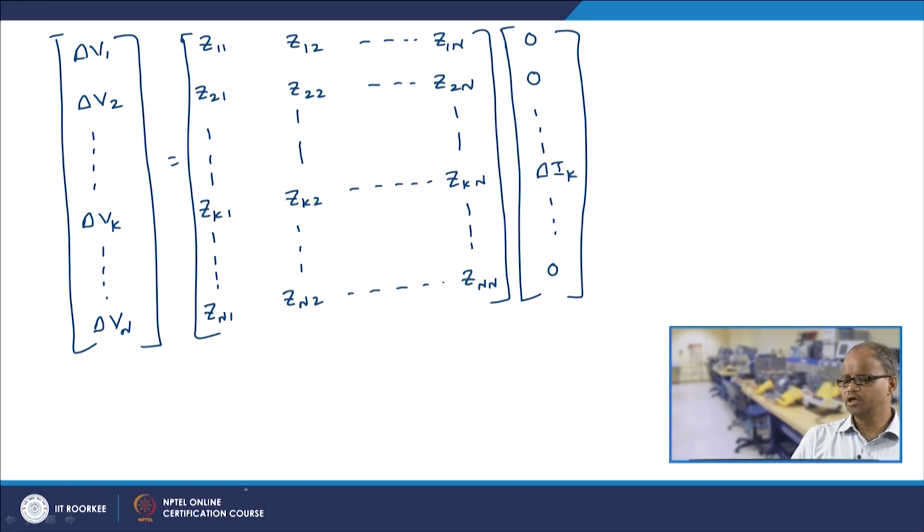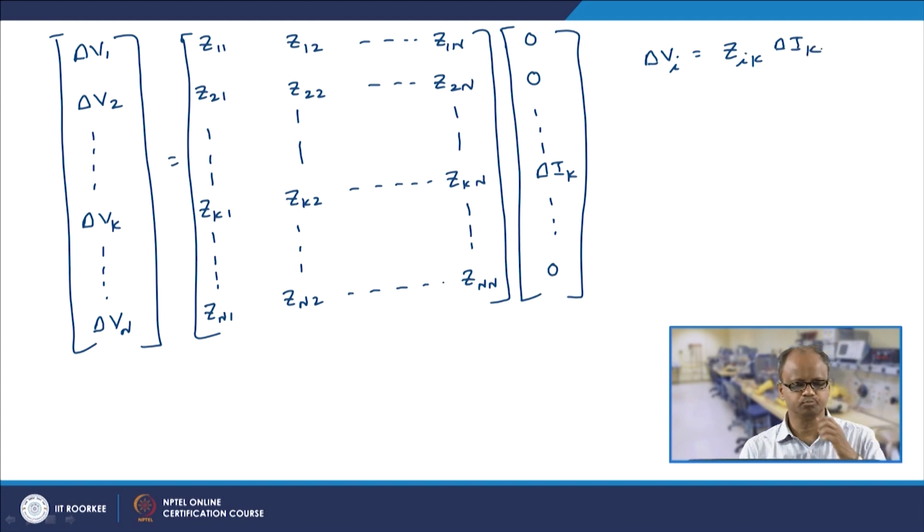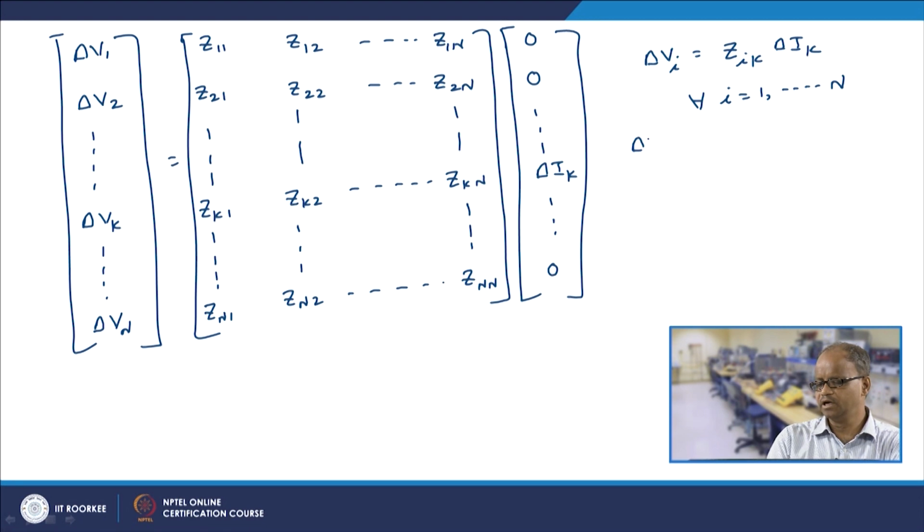Then from here we can write delta V I is equal to Z I k delta I k. It is very straightforward. Delta V I would be Z I k into delta I k for all I equal to 1 to n. So, delta V k would be Z k k into delta I k.